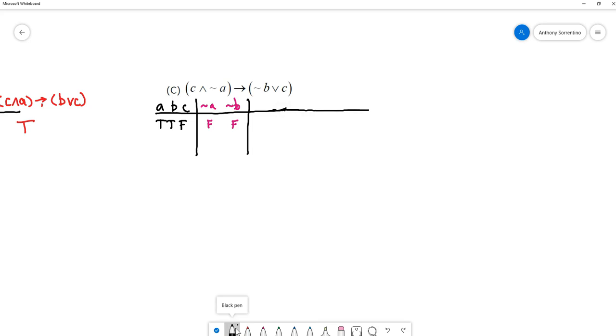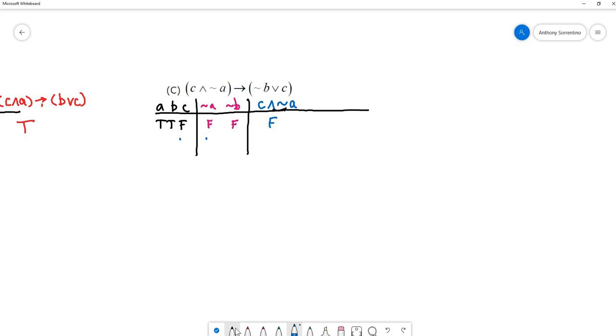All right. So the next statements, I'm going to look at the two quantities now. I have C and not A. So I'm looking at this and this here. For that to be a true statement, both of these would have to be true. Well, the fact is both of them are false, so this is automatically going to be false.